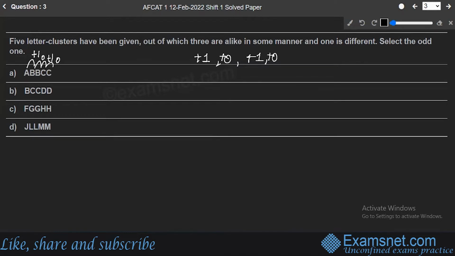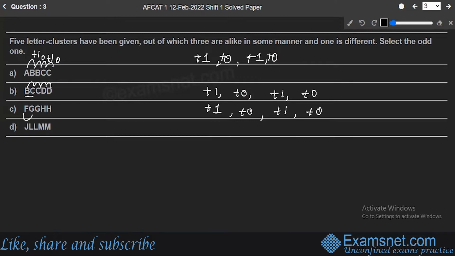So this is the rule which is being followed in the first one. Seeing here also, this is +1, +0, +1, +0. This rule is again being followed. So FG is +1, GG +0, GH +1, HH +0.